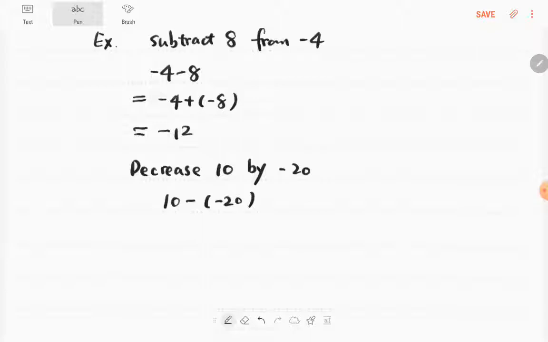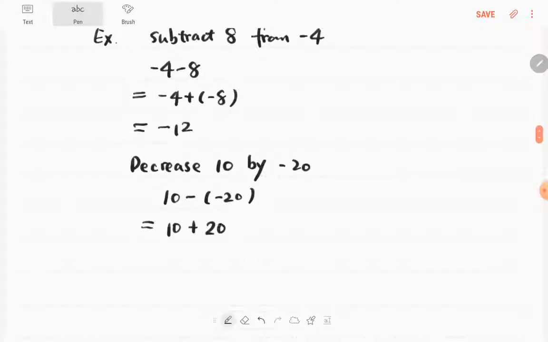So this is how we translate it. Okay. That will be 10 minus negative 20. We can still treat it as the addition. Minus negative, just like plus positive. So 30 is the answer.